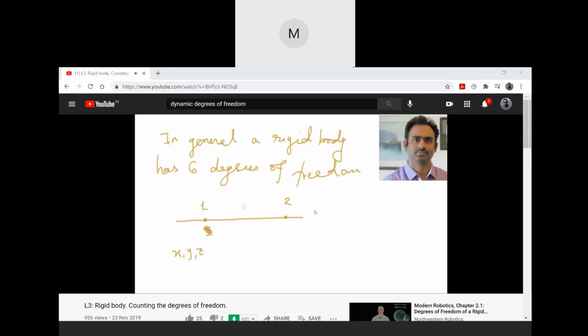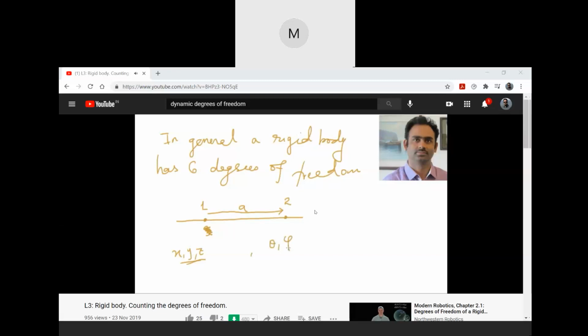Just imagine a sphere of radius a, where a is the distance between 1 and 2. To specify where point 2 is on that sphere, you need 2 more numbers, theta and phi, as before.